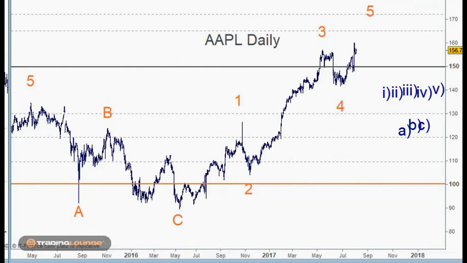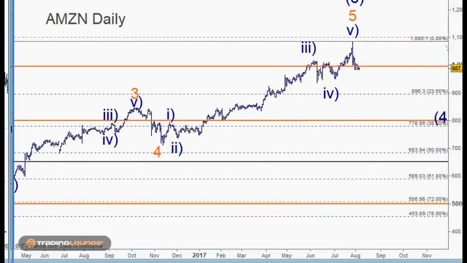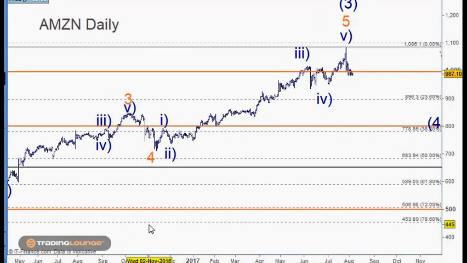Google and Amazon are slightly different because they could already have tops in play here as far as I can see, because with Amazon here, wave 3, wave 4 here, then it's 1 and 2 and all the way up for 3 here, and A, B and C for wave 4 to here, and then 5 waves up here.